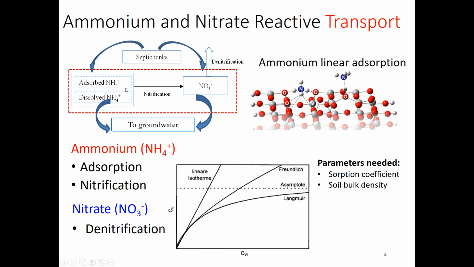And if nitrification is completed, there will be only nitrate coming into groundwater. But if nitrification is incomplete, you will have both ammonium and nitrate coming into groundwater. So this is an overview of the reaction in VZMOD.